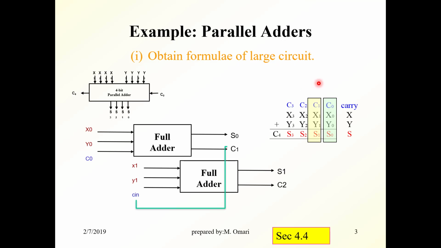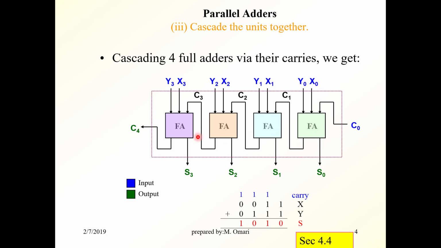Now we can repeat this with this one here, which needs a full adder, and this one here, which needs a full adder. The result will be 4 full adders connected together in this fashion. This is the Cn, the first full adder with the inputs X0, Y0.